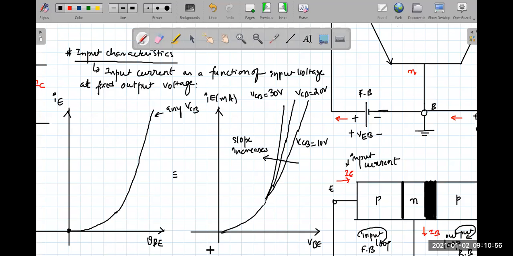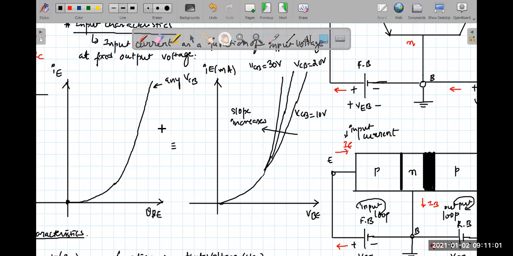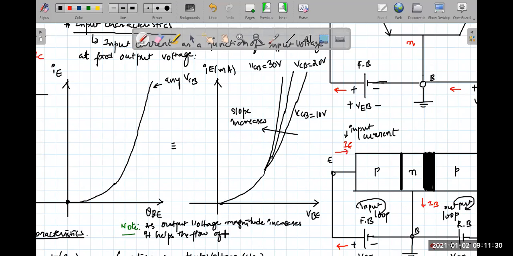The reason is, let me put a note here: as the output voltage magnitude increases, it helps the flow of input current.